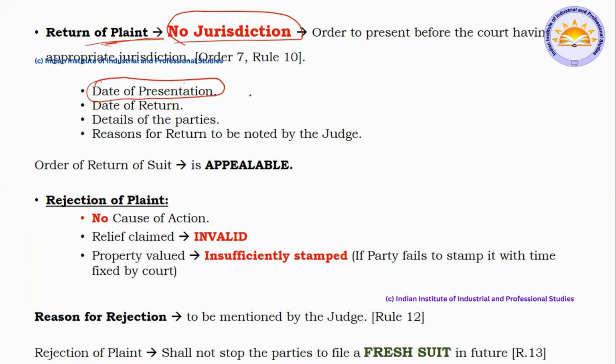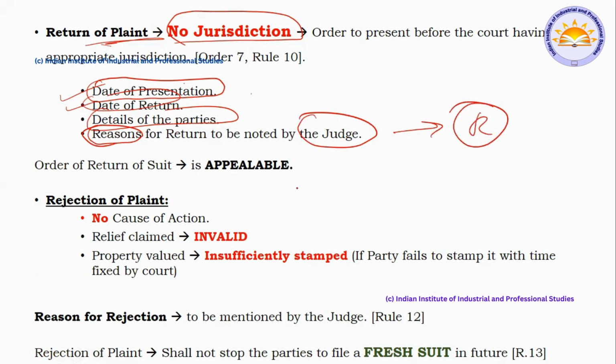While returning, the judge has to mention the date of presentation, the date of return, details of the parties who have presented the plaint, and very important, reasons for return. Judge has to mention why he is returning the plaint. Okay. And order of return, very important. Order of return is appealable. It is appealable.